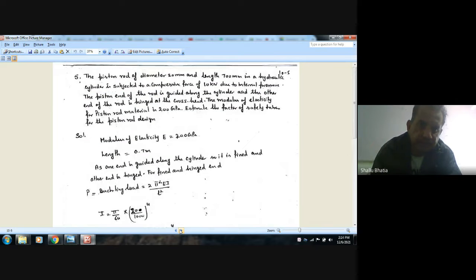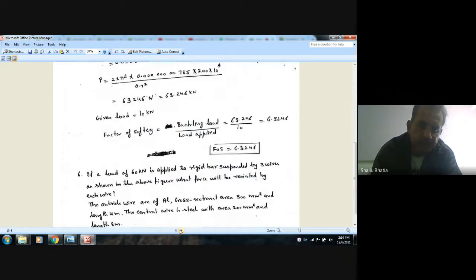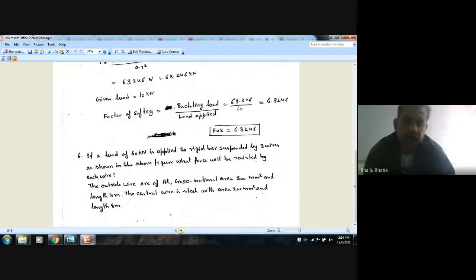Next question is from our first chapter, the introduction chapter. If a load of 60 kilonewton is applied to a rigid bar suspended by three wires as in the above figure, what force will be resisted by each wire? The outside wires are of aluminum, cross-section area 300 mm square and length 4 meters.